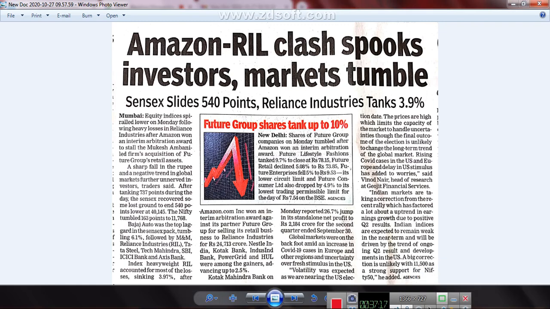So, Amazon versus Reliance Industries Limited, RIL, whose full form is Reliance Industries Limited. The headline reads: Amazon-Reliance clash spooks investors, markets tumble, Sensex slides 540 points, Reliance Industries tanks 3.9%. One simple aspect you can notice is how sensitive the stock market is.